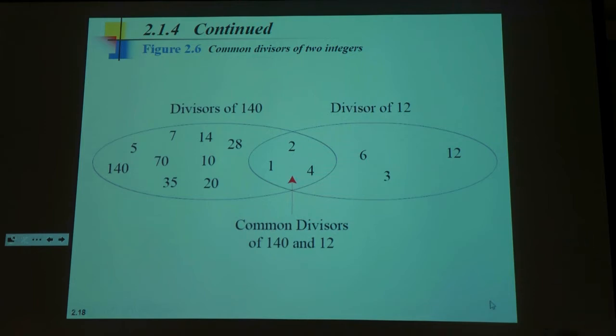But if you have two numbers, there is a group of divisors that they call common divisors. So 2, for example, divides the 140, and it also divides the 12, and so on and so forth. So this area is what we call common divisors of 140 and 12. Sometimes you need to calculate the common divisors.